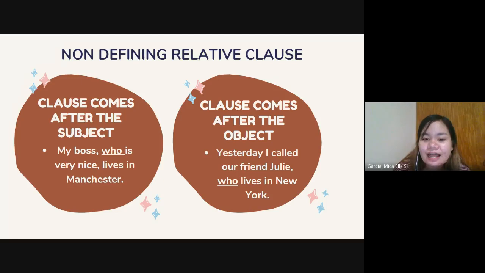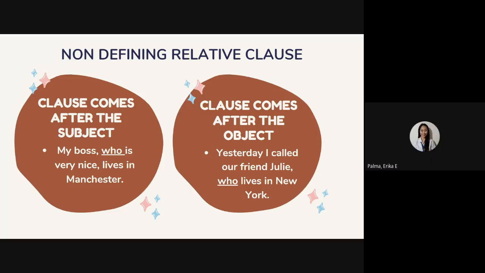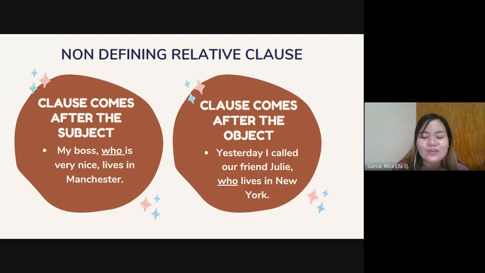Anyone who could identify what is the direct object in this sentence? Julie po. All right, very good, Erica. Julie is the direct object in this sentence because Julie receives the action.